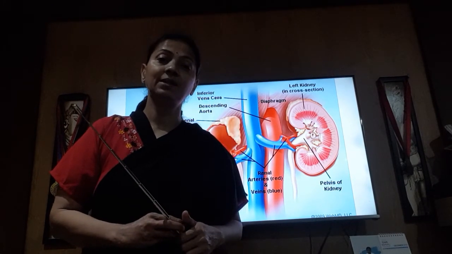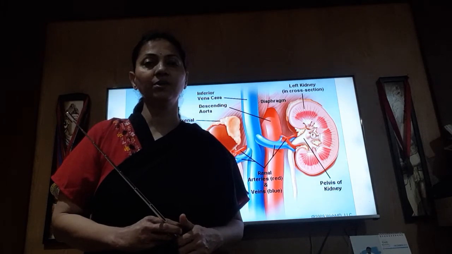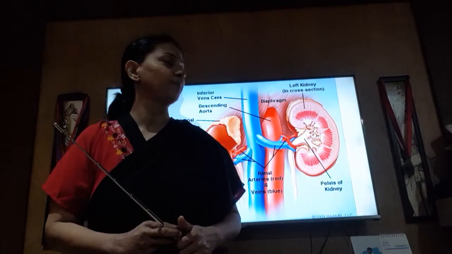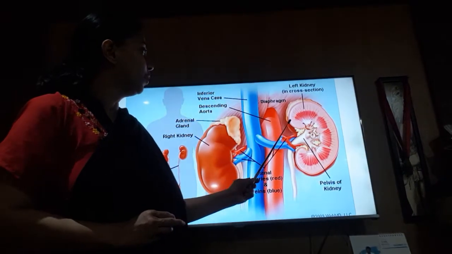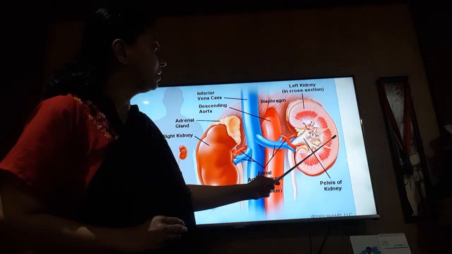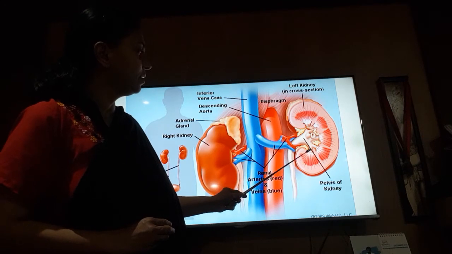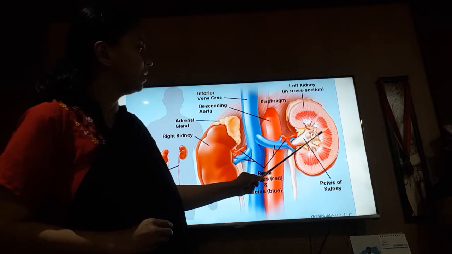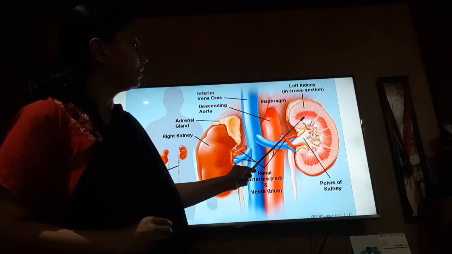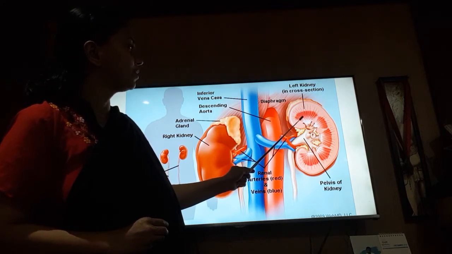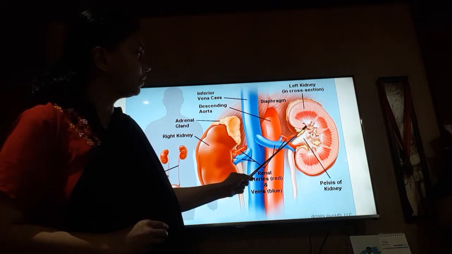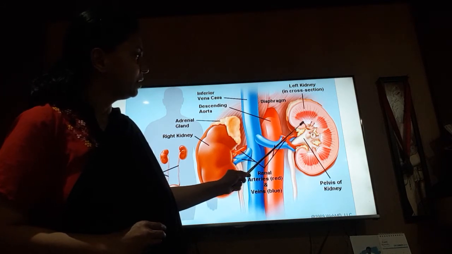Then DCT, distal convoluted tubules. Then collecting tubules. So most of the glomeruli and PCT lie here in the cortex, and in the pyramids, or the medulla, you can say, it contains collecting tubules, and then at the end you can see here a papilla-like structure, isn't it? They are ending like this.